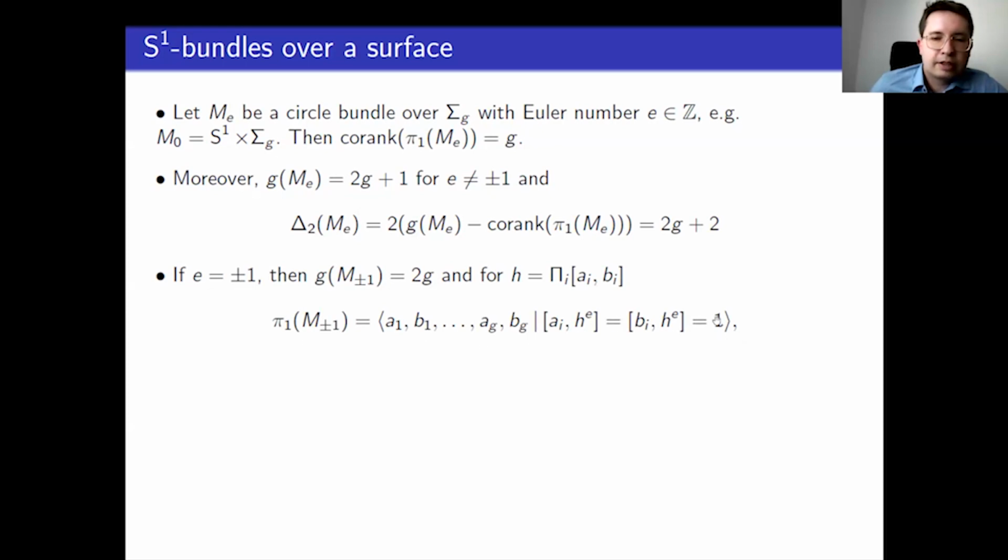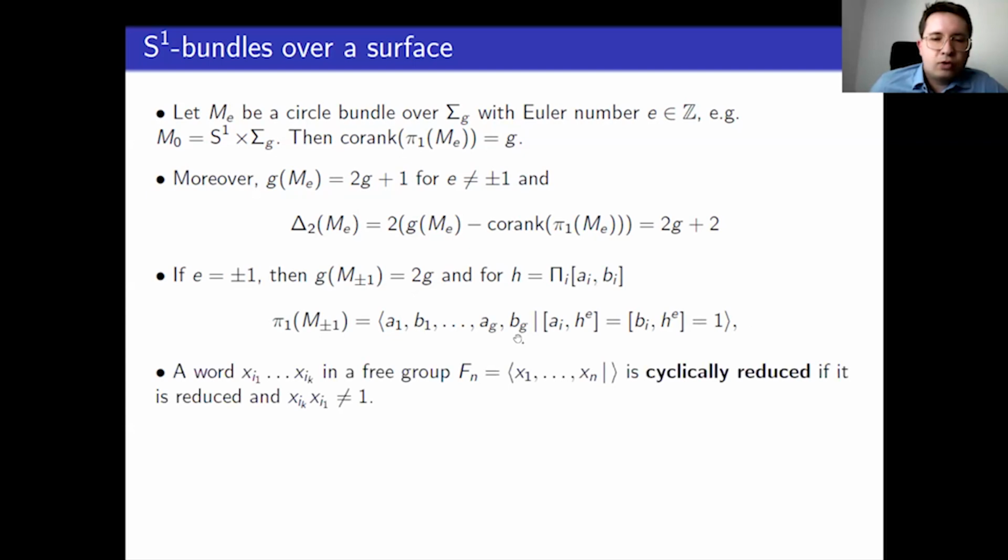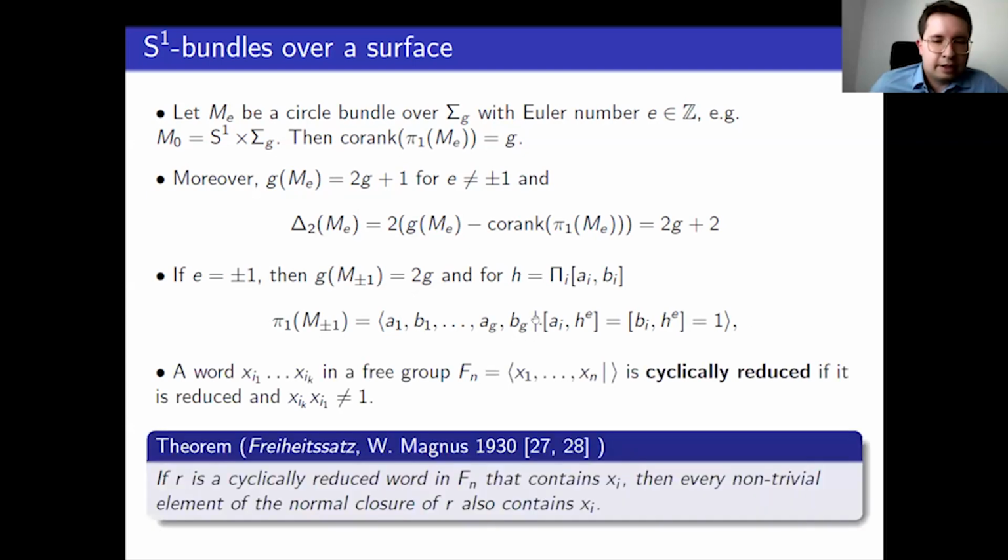And this is the presentation of the fundamental group of such a bundle. And we need to use the following theorem, which is called the Freiheitssatz. It is from the PhD dissertation of Wilhelm Magnus. And recall that a word in a free group is cyclically reduced if it is reduced, and the product of the last and first letter is non-trivial.